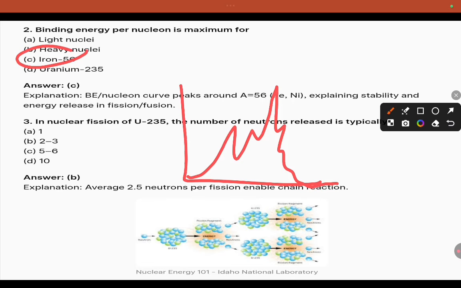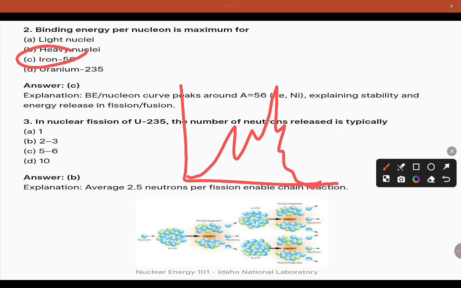In nuclear fission of uranium-235, how many neutrons are typically released? In nuclear fission, 2 to 3. Most probably 3 neutrons will be released, averagely 2.5 neutrons per fission.